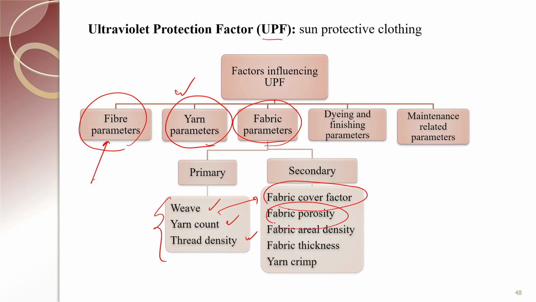Fabric porosity, fabric areal density, fabric thickness and yarn crimp can also be changed. These are the secondary parameters which affect the UPF value, but these secondary parameters can be controlled by weave, yarn count and thread density.